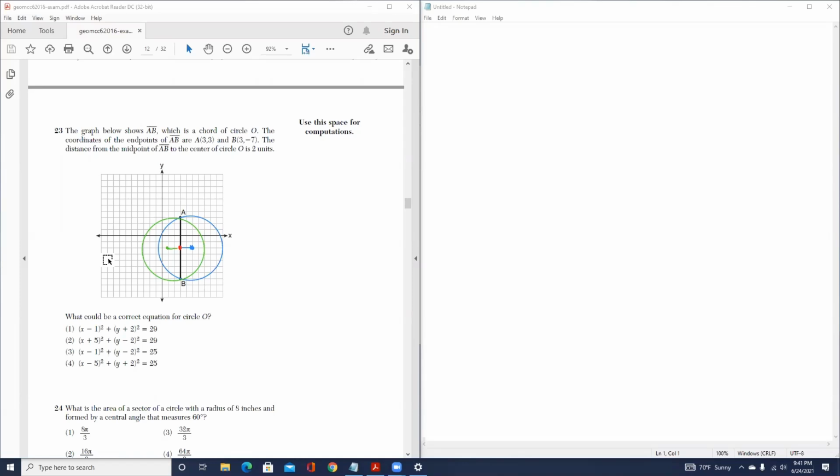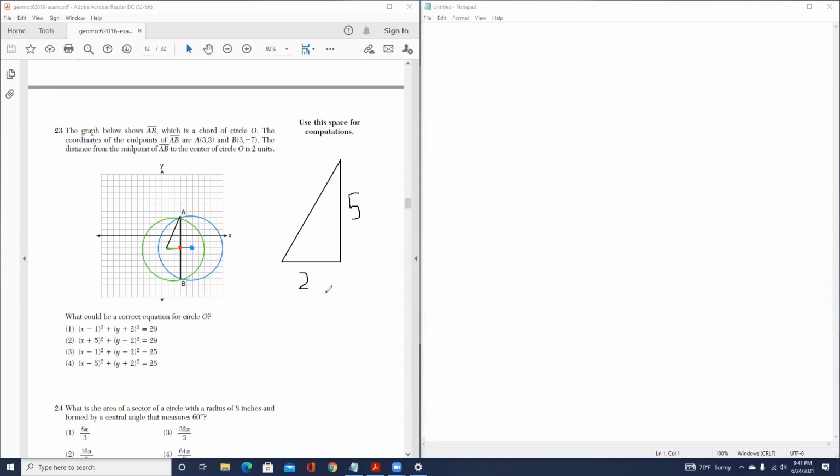Now, one thing we do have to figure out is the distance of the radius. And that can be done using trigonometry. So we know that if the length of the line is 10, and we're dividing it at its midpoint, then the length of this side is 5. The length of this side is 2.